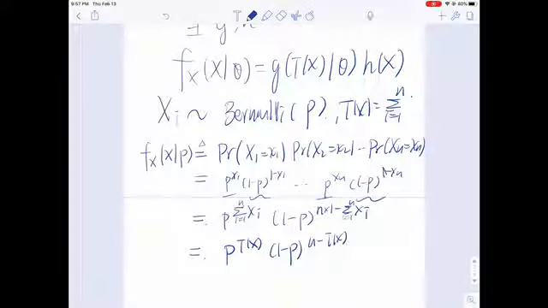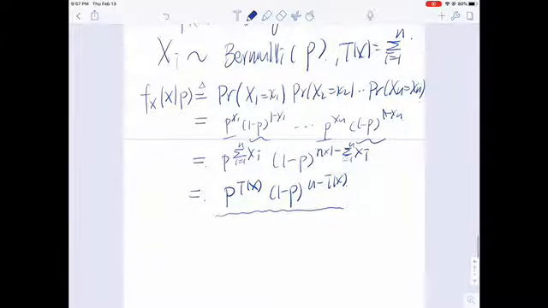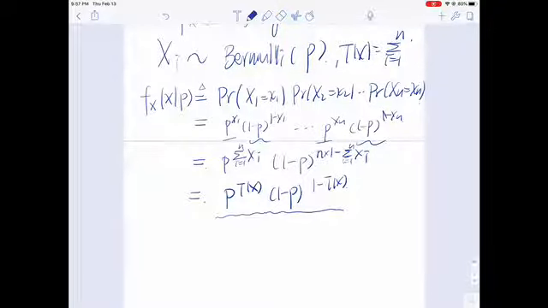Let's re-examine this factorization. Apparently, if we call this whole thing a function of T(x), then we found our g, and we can define a trivial h(x) as h(x) equal to 1.